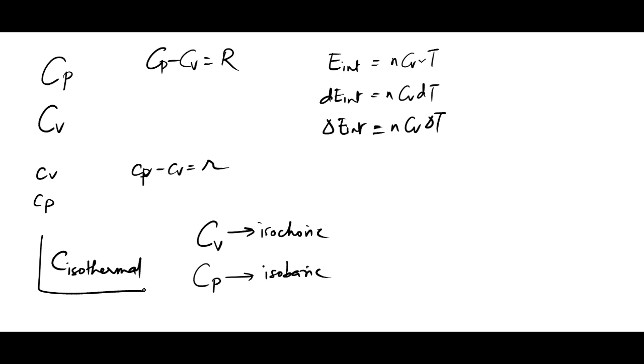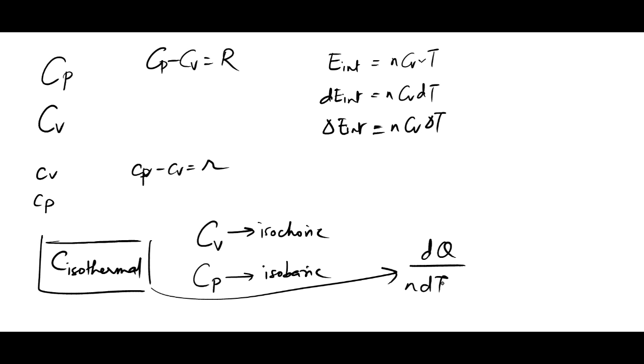Now what happens if you don't actually allow the temperature of the gas to change at all? So it's called an isothermal process, as you know, and the definition of isothermal C must be dq divided by n dT, divided by the number of moles, and this dq is the heat which is applied in an infinitesimal step, assuming that the temperature doesn't change because it's isothermal.